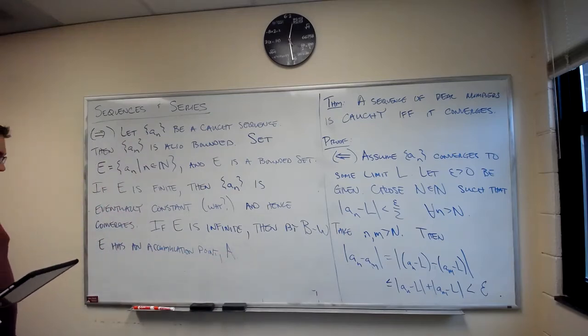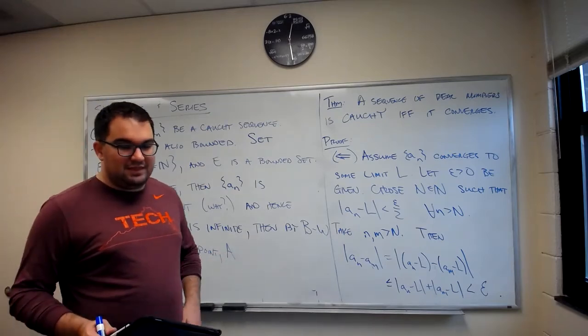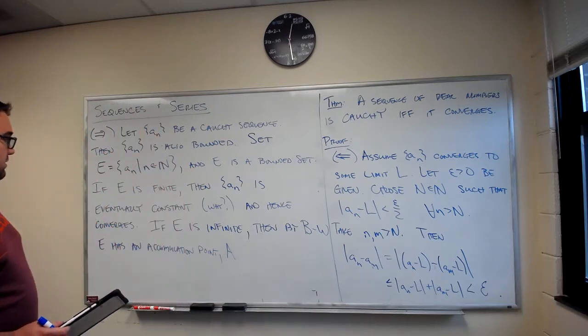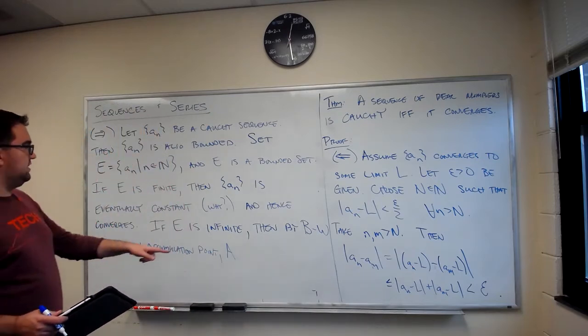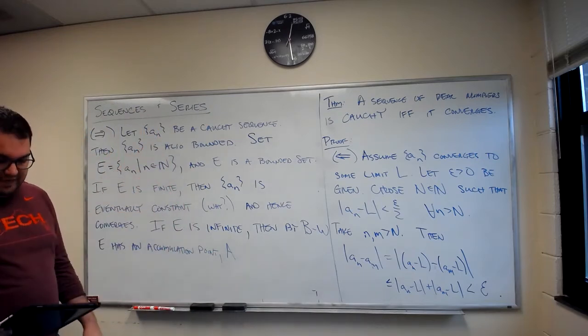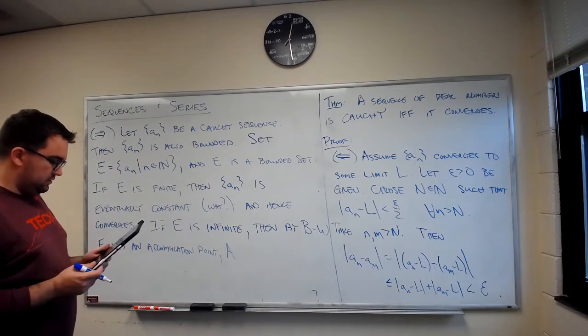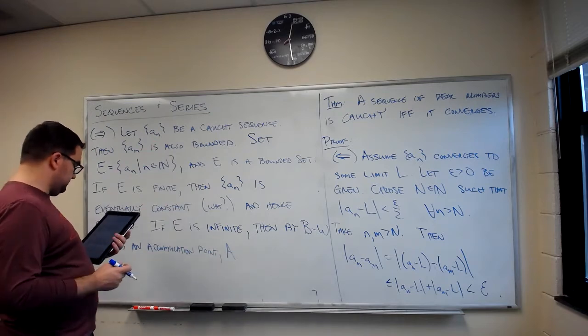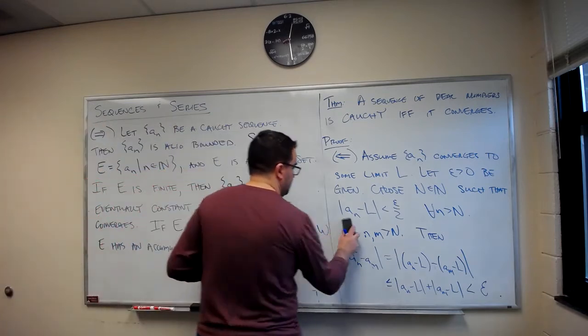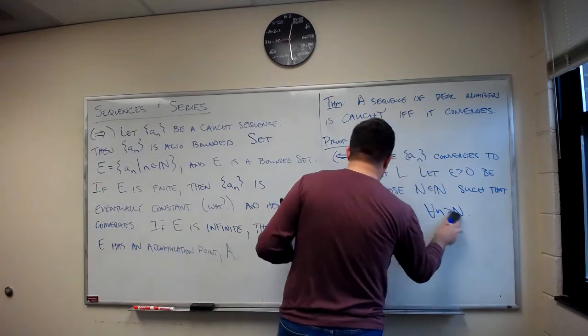All right. Now what I want to do is I want to show that this capital A is the limit of my Cauchy sequence AN. Okay. Let me move back over here to finish this off.